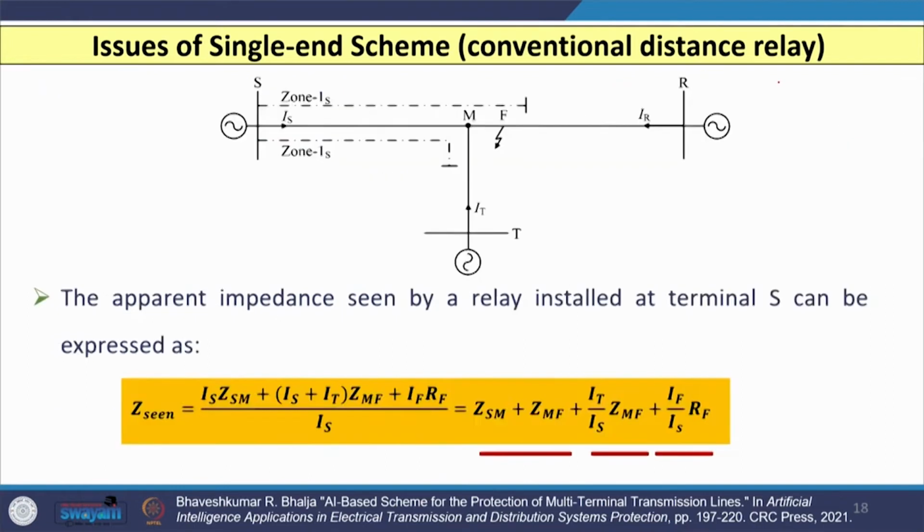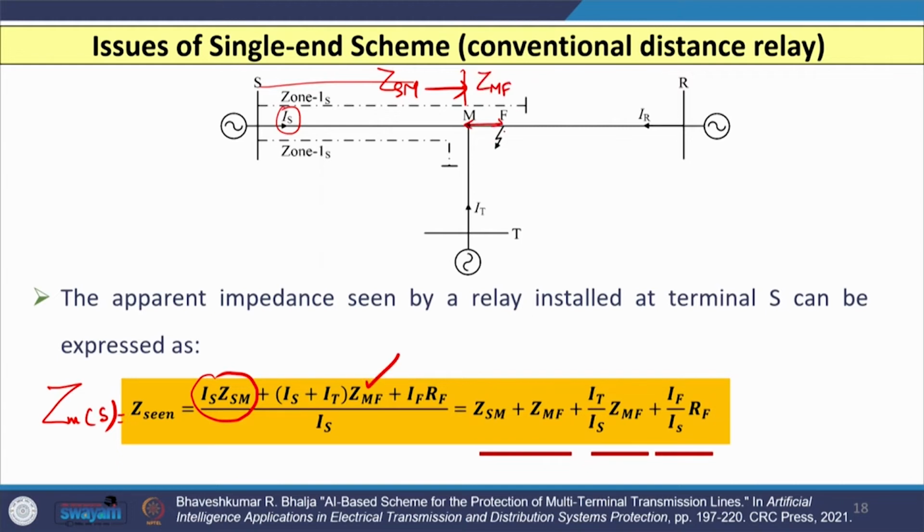Now, if I consider the apparent impedance seen by the relay installed at terminal S, the measured value of impedance by the relay at terminal S is the voltage drop between S and M. So, it is IS multiplied by the impedance of this, that is ZSM, plus the impedance of this part, that is ZMF.